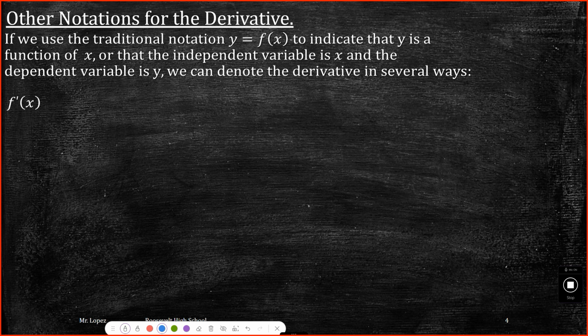And so there's different notations to the idea. This is the most widely used. This is called f prime of x. And f prime of x is the same as saying y prime. It's the same as saying dy dx. Dy dx was invented by Leibniz.